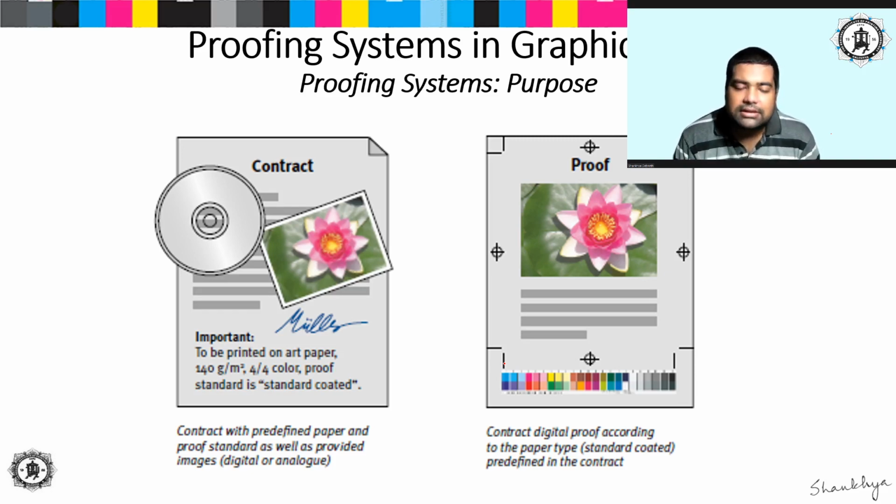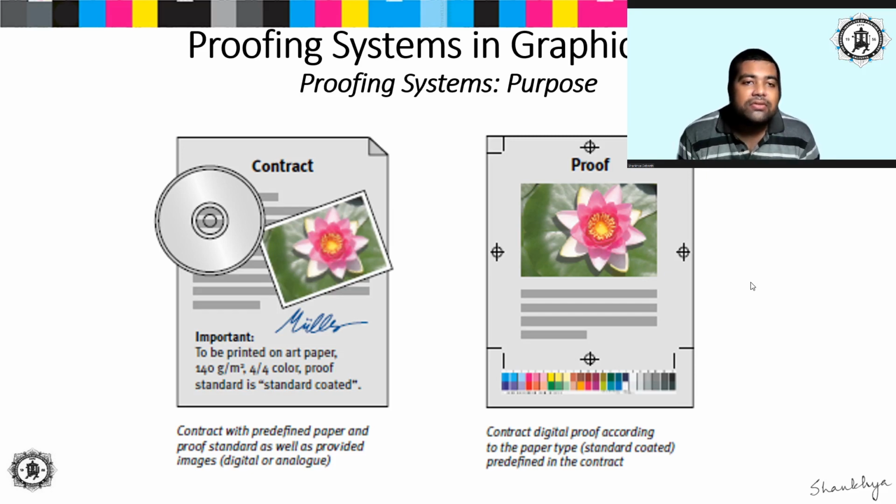No. The answer is naturally no. So why is that? Why are you not going to print immediately? The reason is that if after printing you find out that the colors are all off and there may be something that your client wanted but you could not deliver, so what will happen to that 1 lakh sheets that you have just printed? Everything will go to waste.